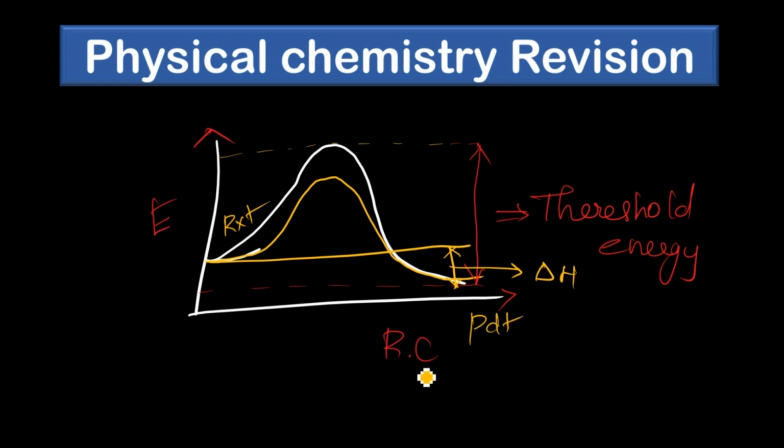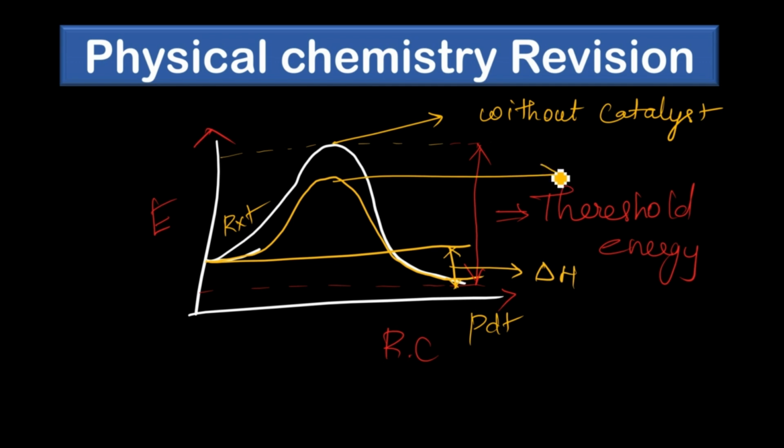The graph is between energy and reaction coordinate. The first one is without catalyst, and the duty of the catalyst is to reduce the threshold energy so that more molecules can pass through and form the product very easily. This graph represents that.